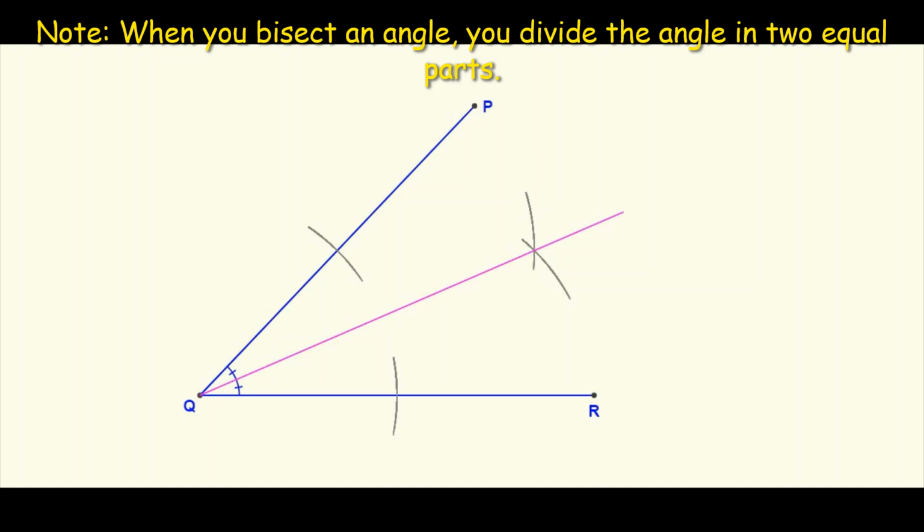So note the pink line that is just drawn bisects the angle PQR. That line bisects the angle in two equal parts, right? So note that this angle here from this line segment, which is QR, to this pink line is equal to the angle from this pink line to the line segment here, which is PQ.